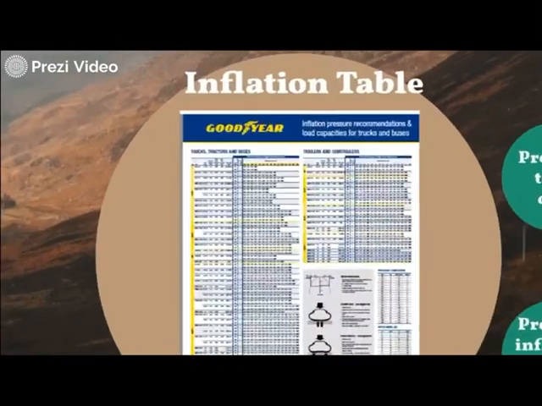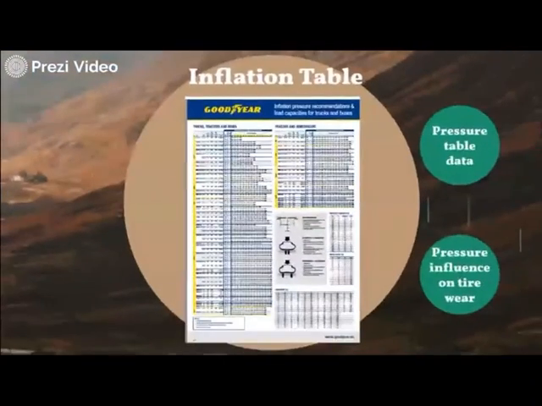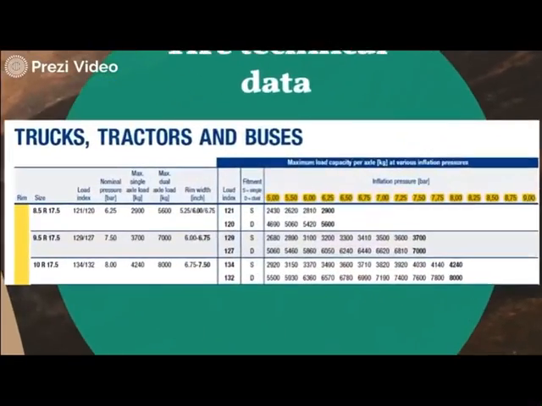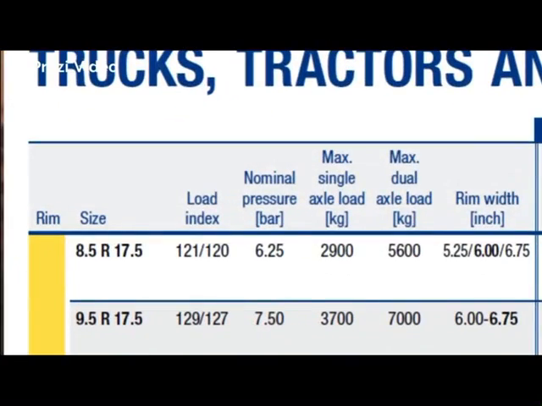In the inflation table, recommendations are given for trucks, tractors, buses, trailers, and semi-trailers. Which data can we find in this table? First, you can find tire size. You can find load index in single and double mounting.